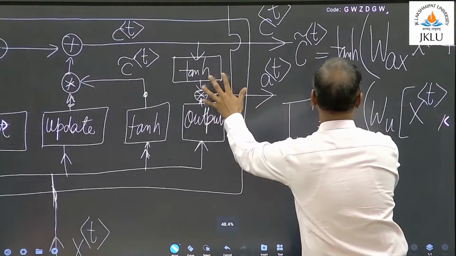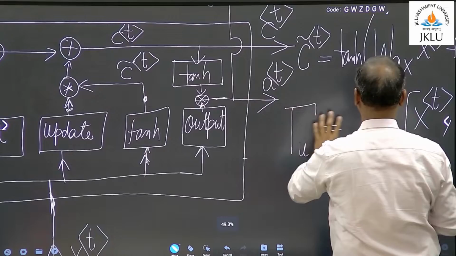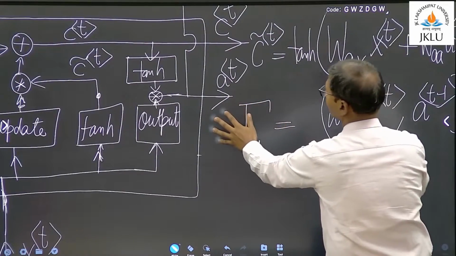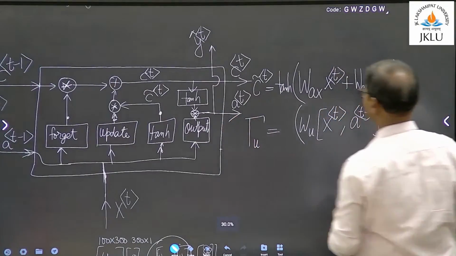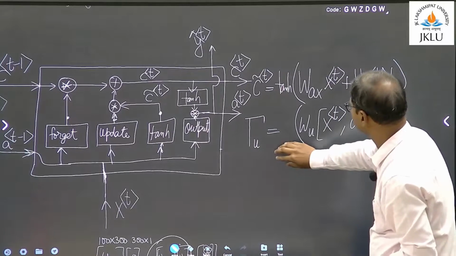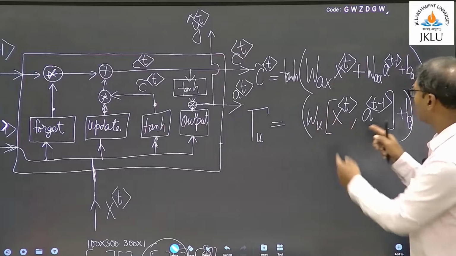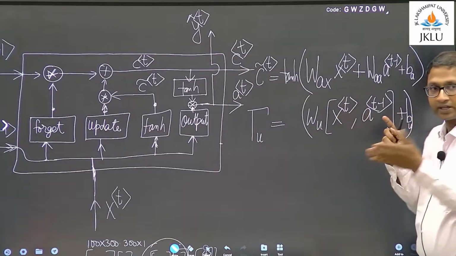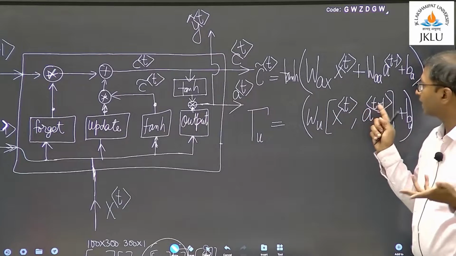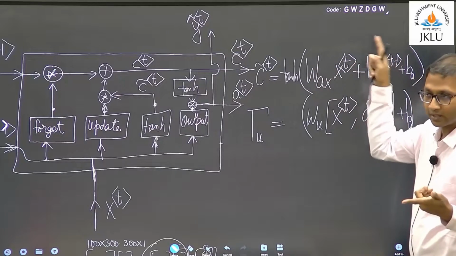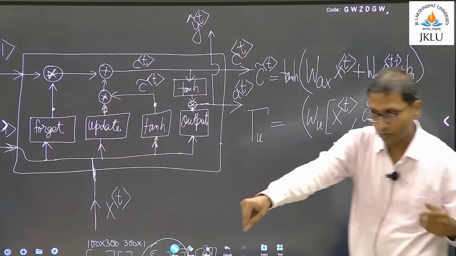So this whole thing they are calling WU. So this WU is nothing but a concatenation of xt and at minus 1, and similarly we could have done here as well, and this is how they are writing in those equations.